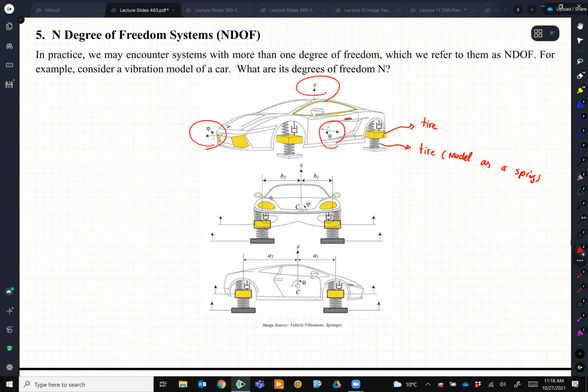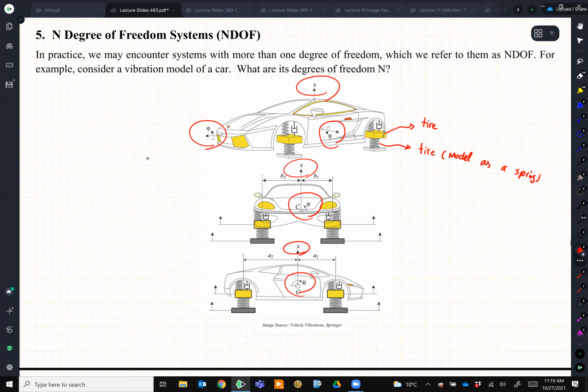On the side, you can see theta as well. And the center of gravity can move up and down. So that's the side view. In the front view, you can see X, and you can also see this phi angle. So that's just for the car.